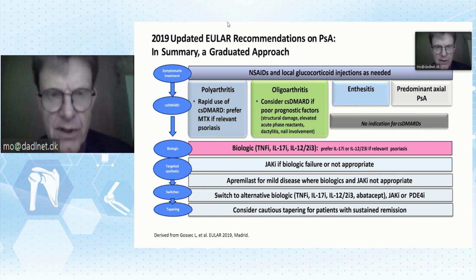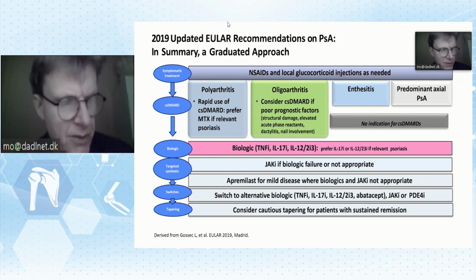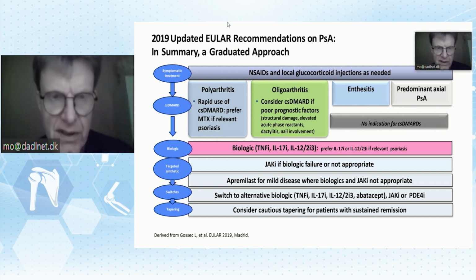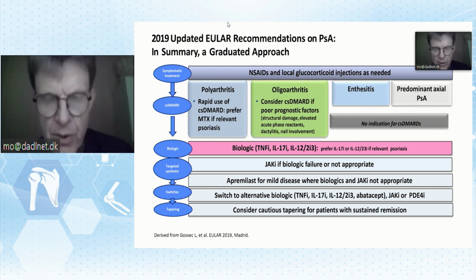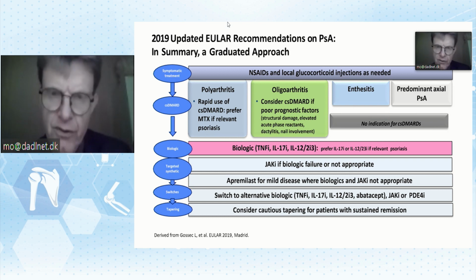Next step, JAK inhibitors. Apremilast can be used for mild disease. It is suggested to switch if there's no effect. And one thing I didn't mention, which is not related to disease manifestations, is that you could consider tapering, reducing the dose, in patients who are in sustained remission, but it would be nice to have more scientific data on the exact approach for doing that.